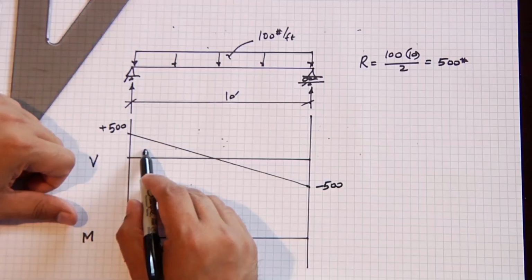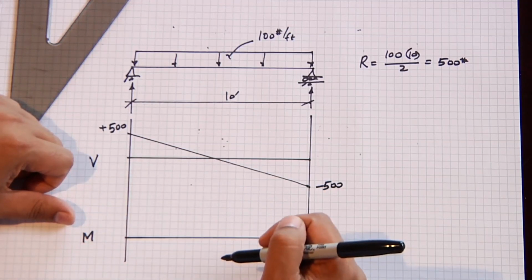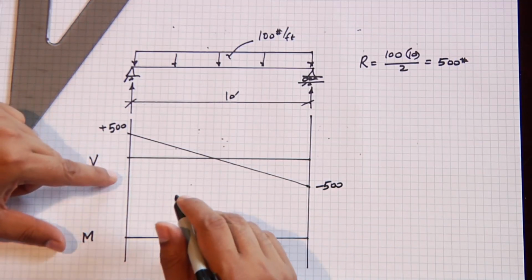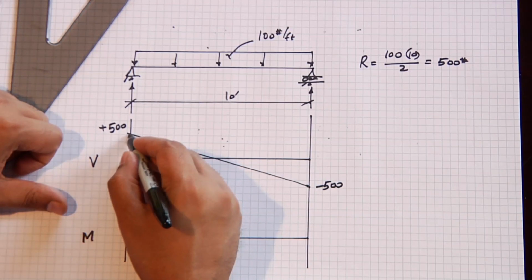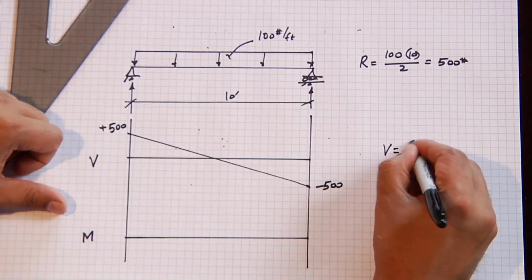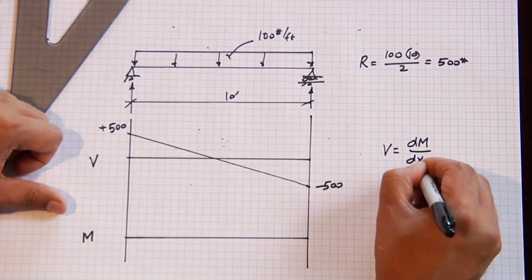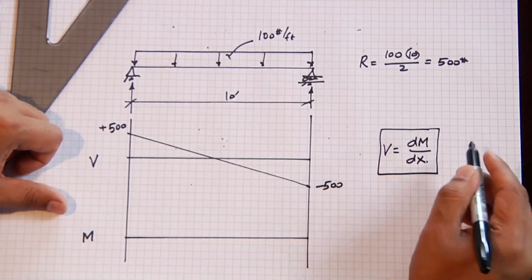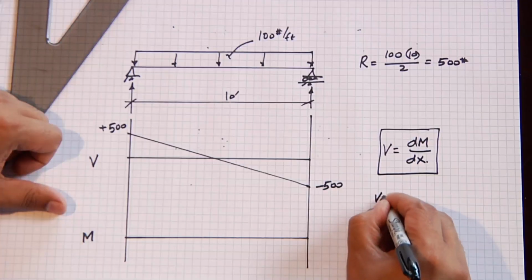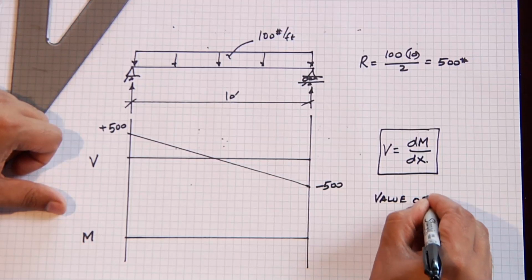So the short rule of thumb is that the area of the shear diagram would equal the moment diagram. The other quick rule to remember is that the value of the shear is equal to the slope of the moment diagram.